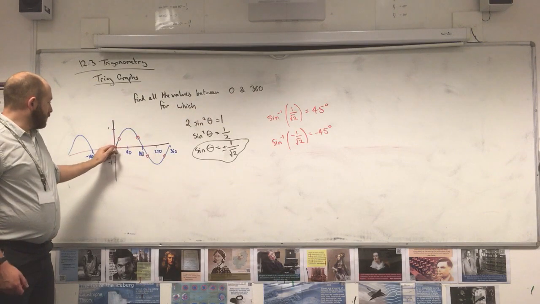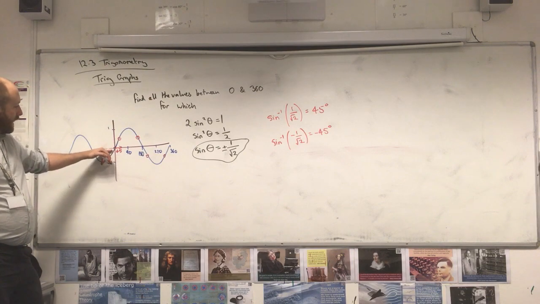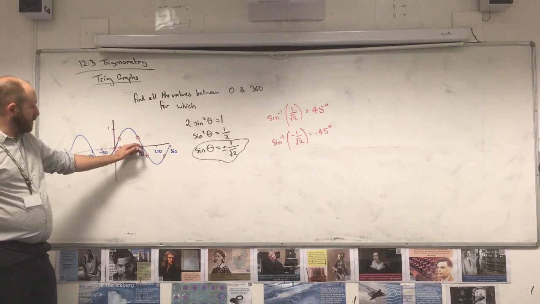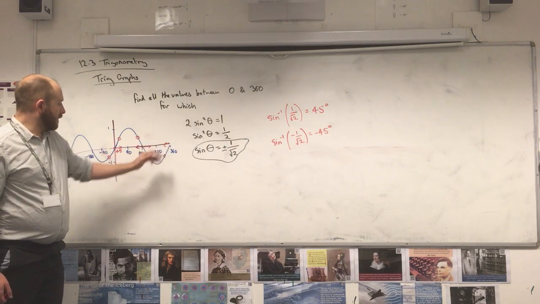Our first angle was 45, and that was measured from where it crosses the axis. This one here is going to be measured from where it crosses the axis, as is this one here, as is this one here.